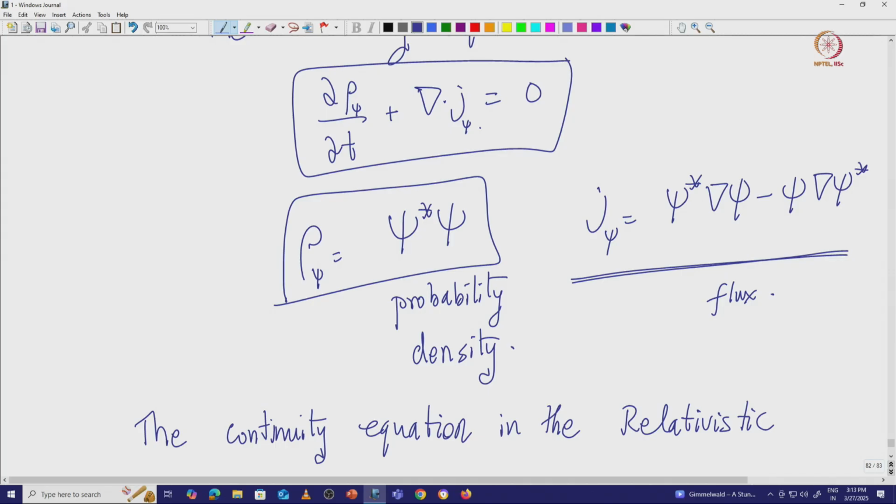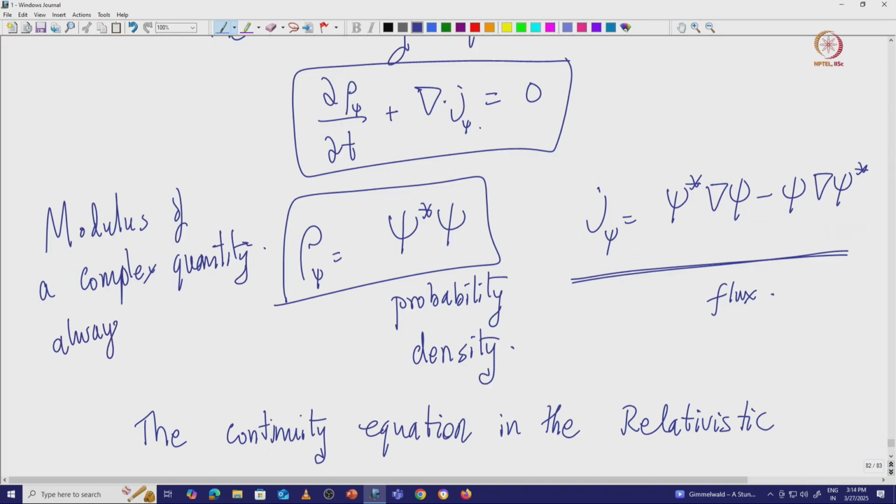It is always positive definite, which is a very important thing.